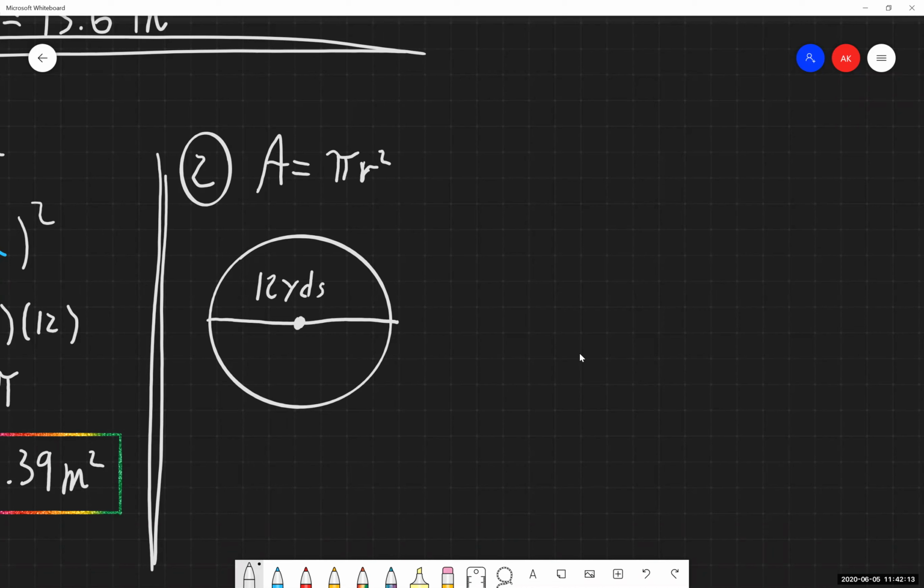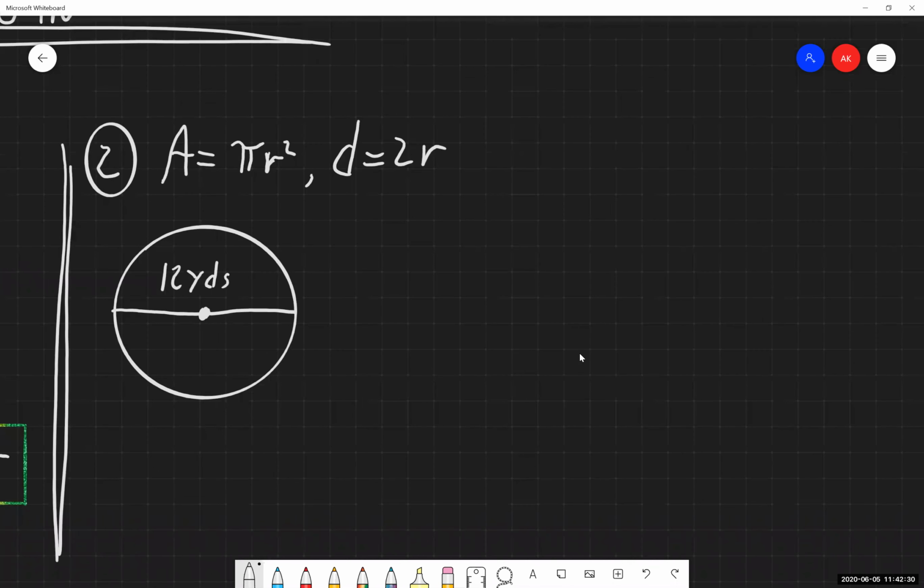And because we need the radius for this thing, it has not been given to us explicitly. We're going to need to use that equation that tells us the relationship between the diameter and the radius. So we need to rewrite this diameter and figure out what our radius is.